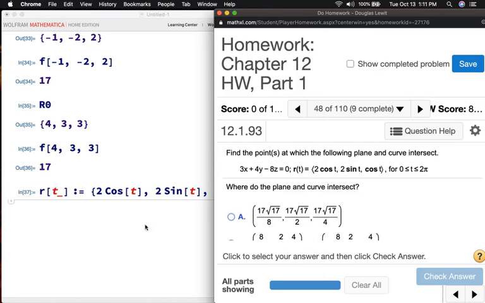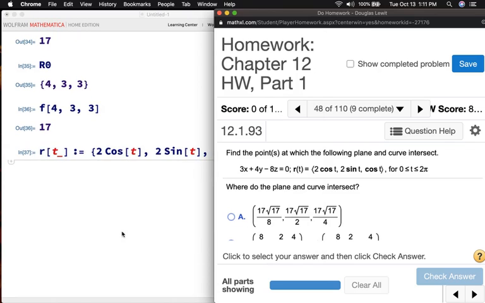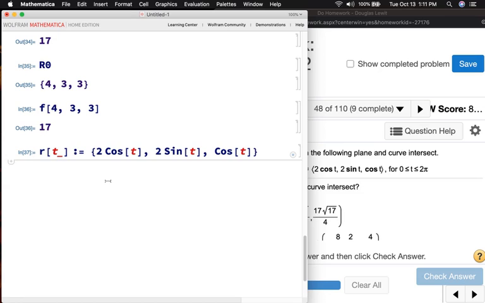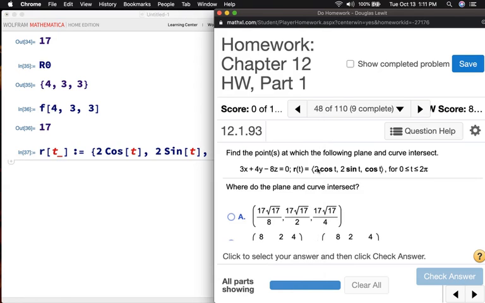In this equation here, x refers to the first member of the vector valued function. Y refers to the second member of the vector valued function. And z refers to the third member of the vector valued function.